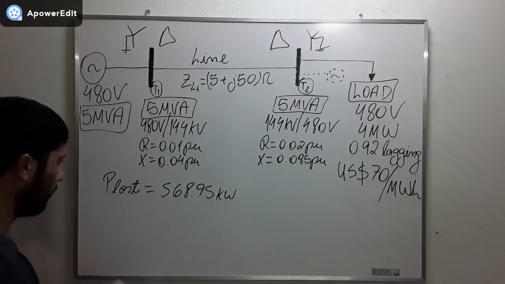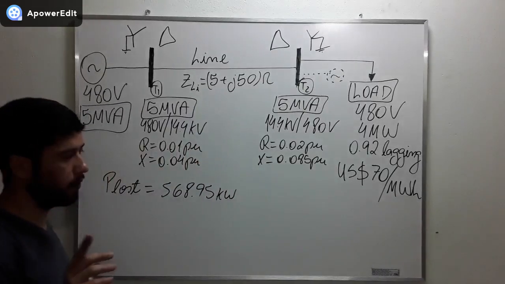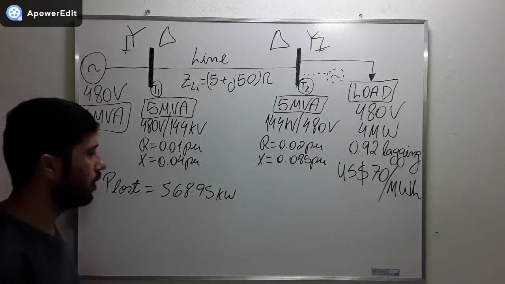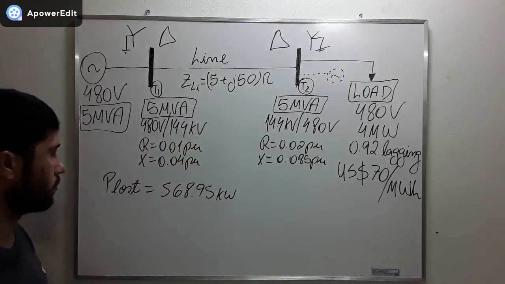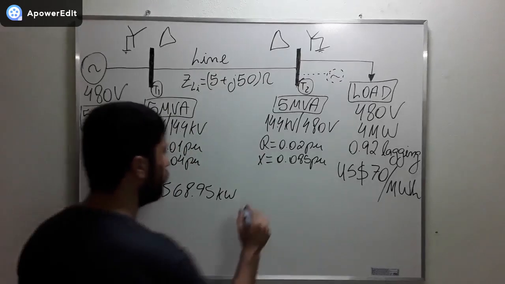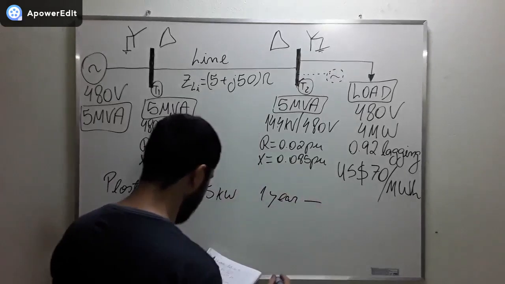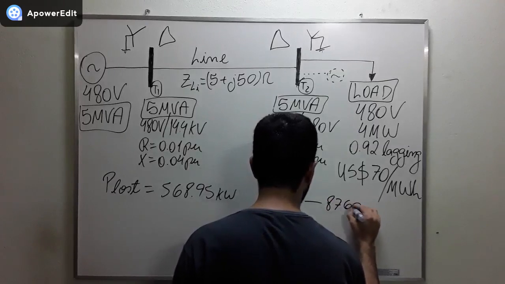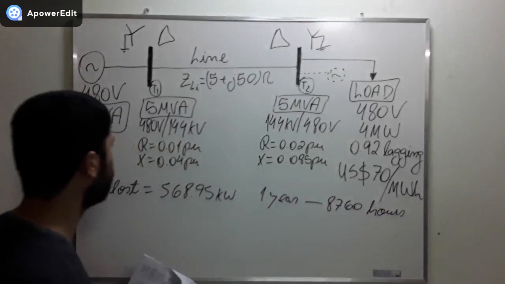Simple. This is in hour, megawatt in 1 hour. This is how we measure energy, watt hour. How many hours are there in 1 year? In 1 year, we have 8,760 hours. Okay?